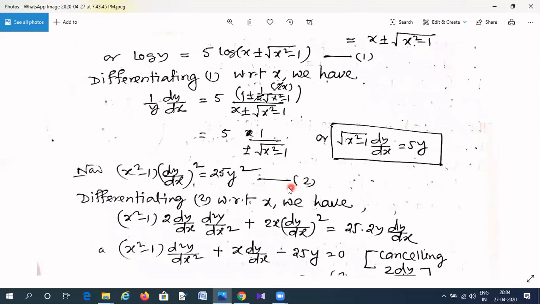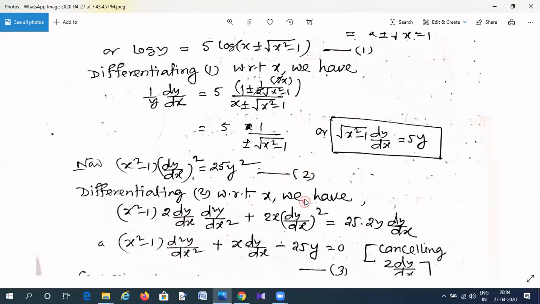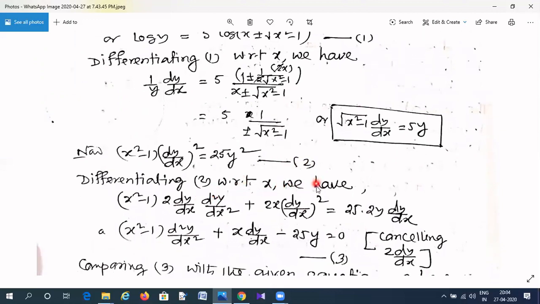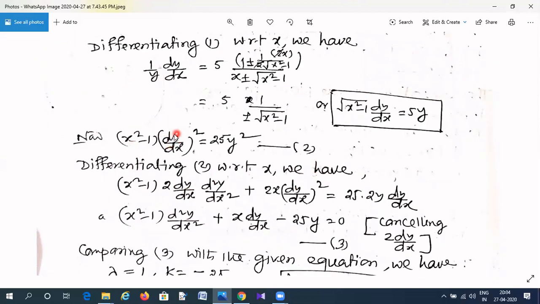Now, I'm numbering this equation as 2. If we differentiate 2 with respect to x, again we have x square minus 1, the derivative of (dy/dx) whole to the power 2 is 2 dy/dx, and the derivative of dy/dx is d2y/dx2, plus 2x.